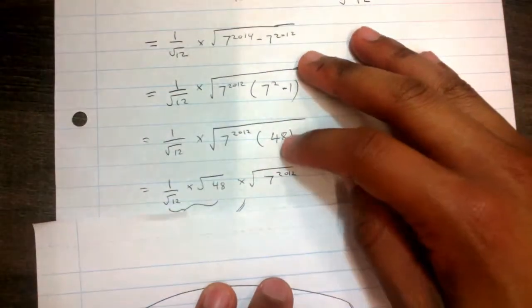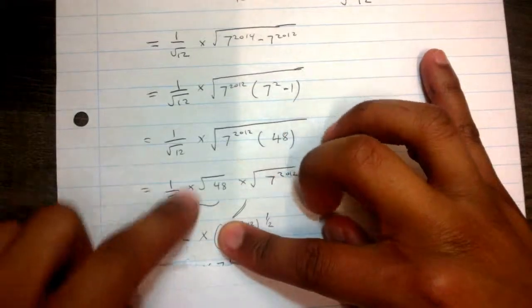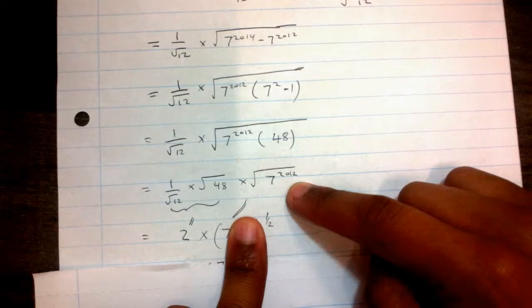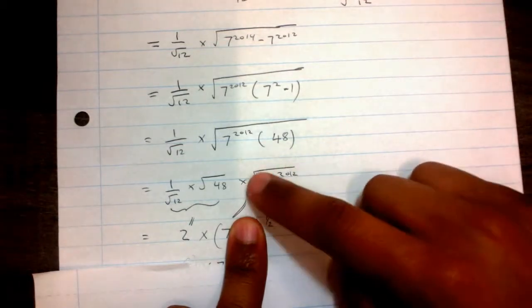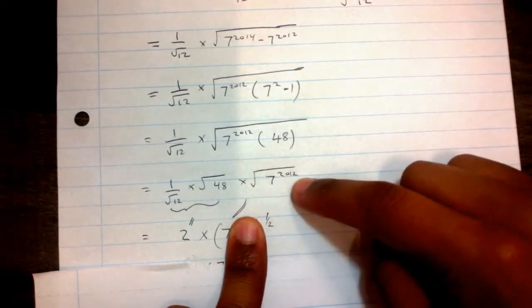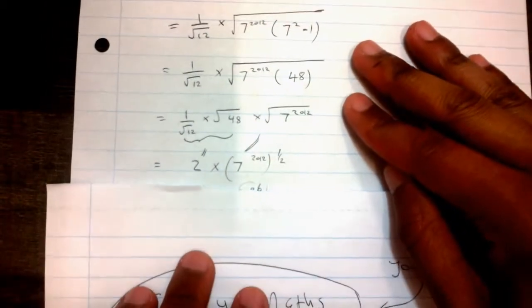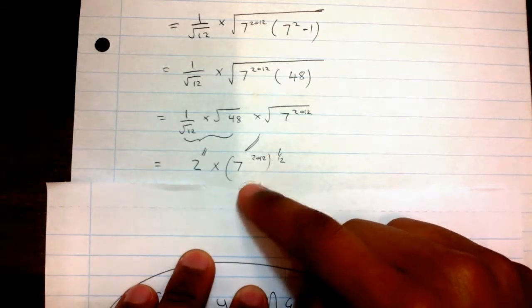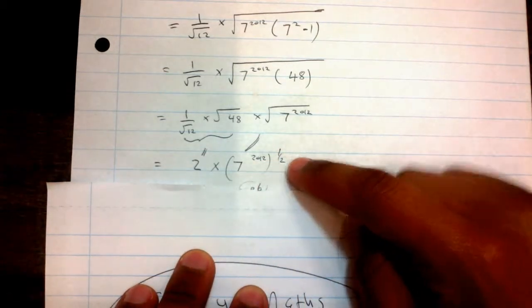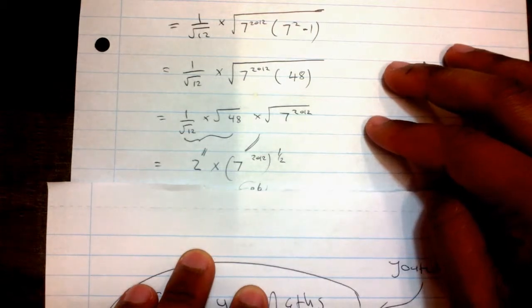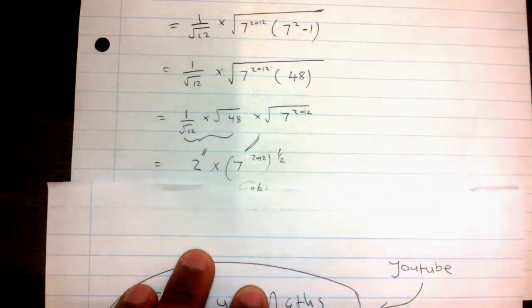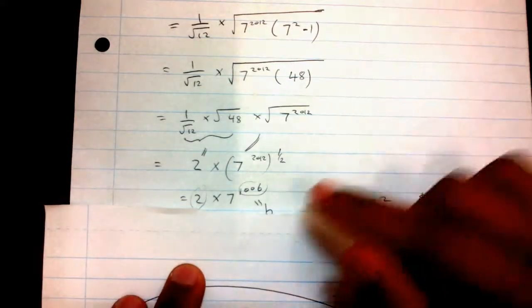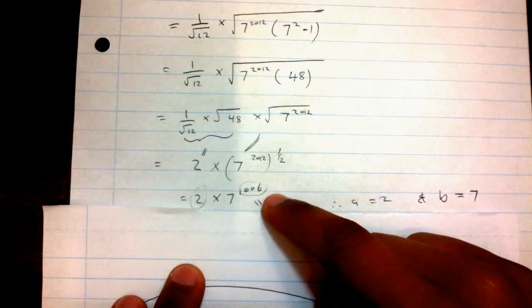For 7 to the power 2012, because it's a root, you write it as 7 to the power 2012 to the power a half. Hence you have 2 multiplied by 7 to the power 2012 over 2, which gives you 7 to the power 1006.